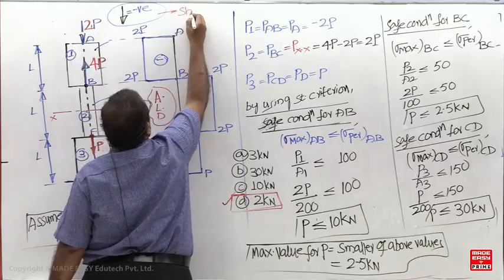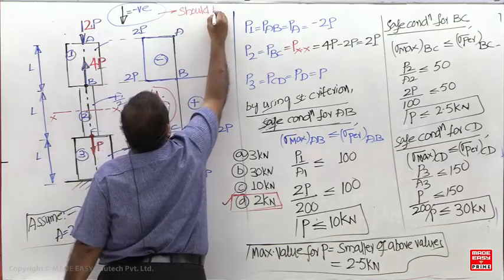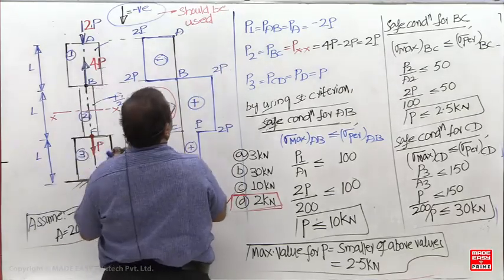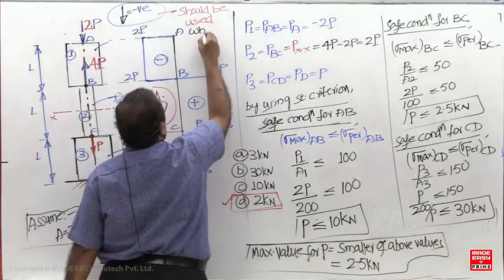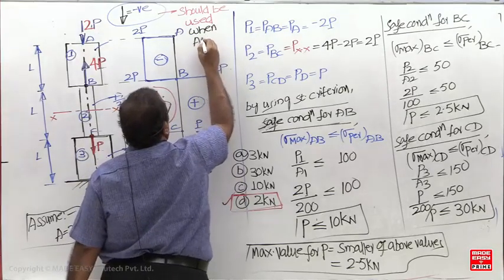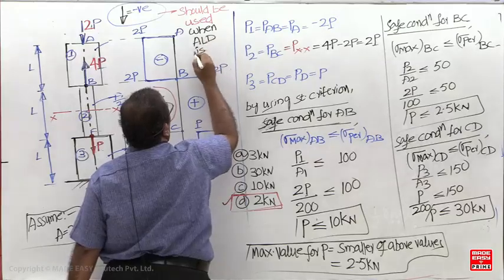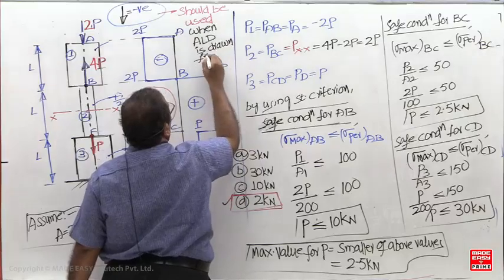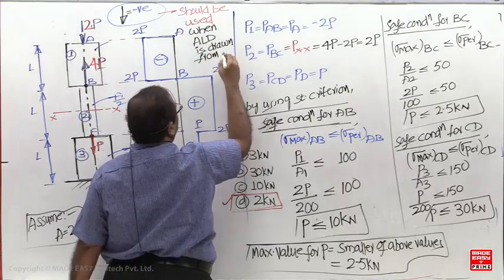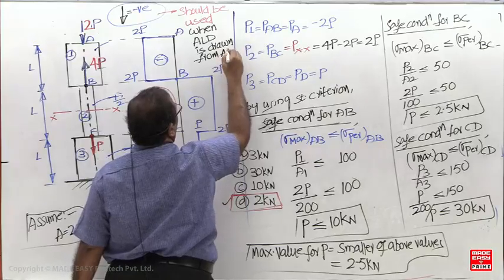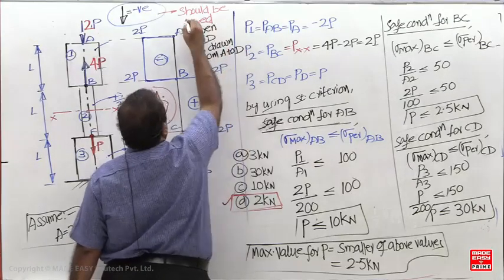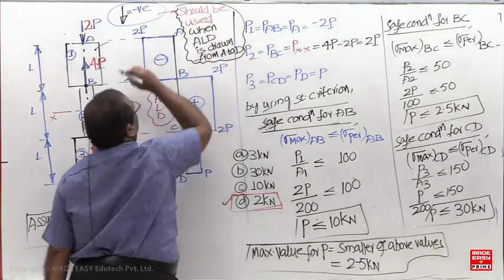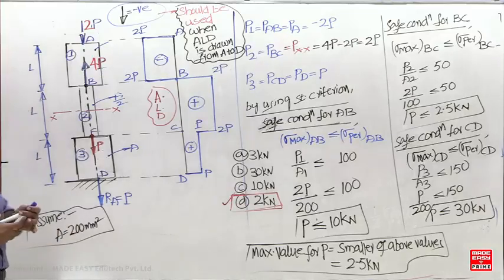This sign convention should be used when the diagram is drawn from top to bottom. The diagram is drawn from A to D, that is, from top to bottom.